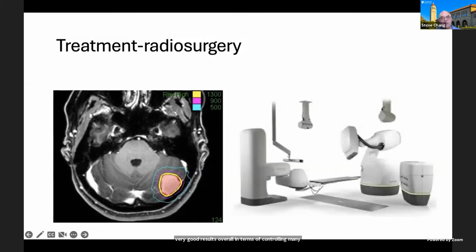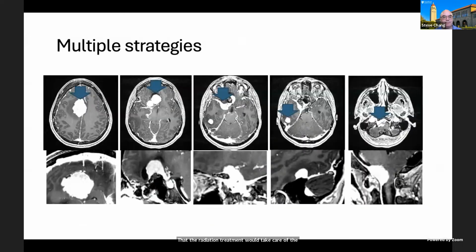So the tumor that we're seeing here, the control rate for a tumor such as this would be in the 93 to 95% chance that the radiation treatment would take care of the tumor for this patient's lifetime. There's a number of situations where you would want to consider multiple strategies.